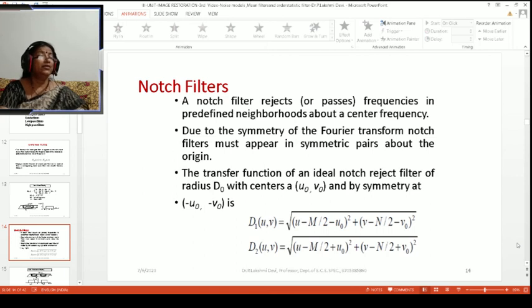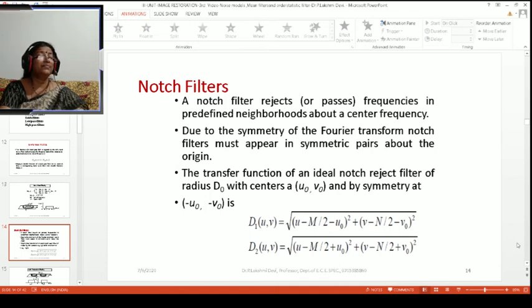Due to the symmetry of the Fourier transform, notch filters must appear in symmetric pairs about the origin, that is on negative frequencies as well as on positive frequencies. Now the transfer function of an ideal notch reject filter of radius D naught with centers at u naught v naught and, by symmetry, at minus u naught minus v naught.